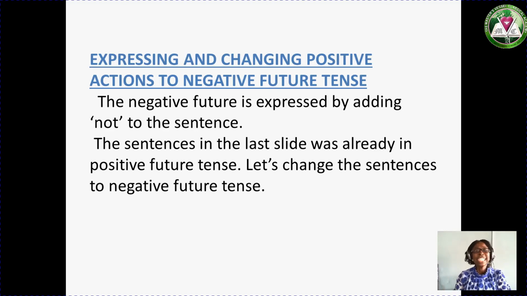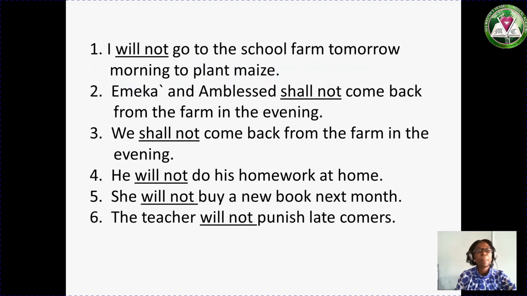So the sentences in the last slide were already in positive future tense. Let's change the sentences to negative future tense. Number 1, I will not go to the school farm tomorrow morning to plant maize.